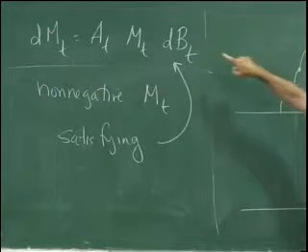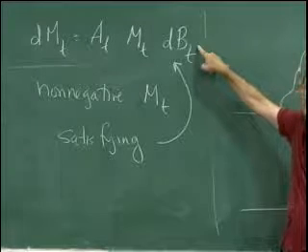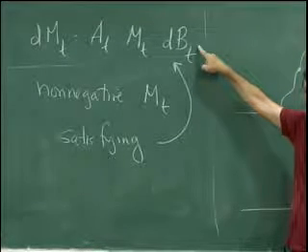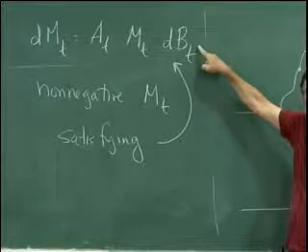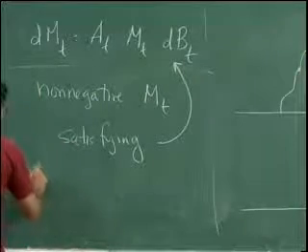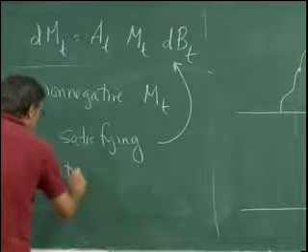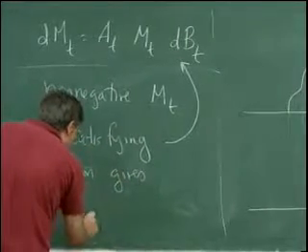Getting this is Ito's formula. However, you cannot conclude from this that this is a martingale. From Ito's formula, you can conclude it's a local martingale, not a martingale. So this computation gives a local martingale.